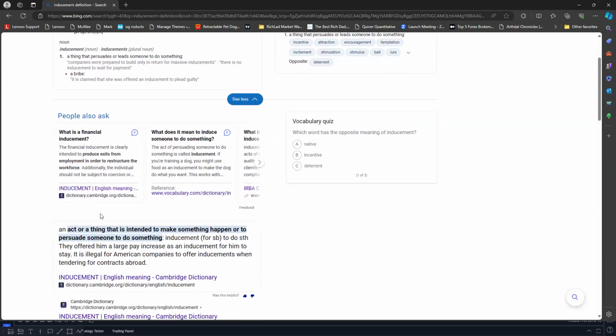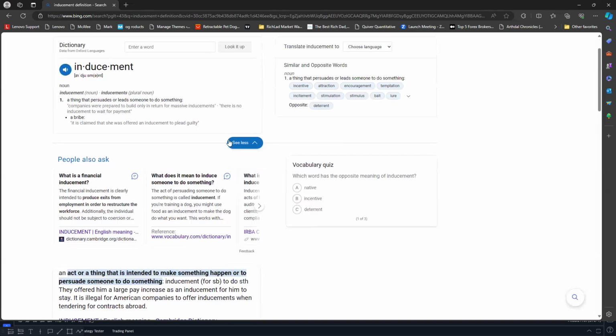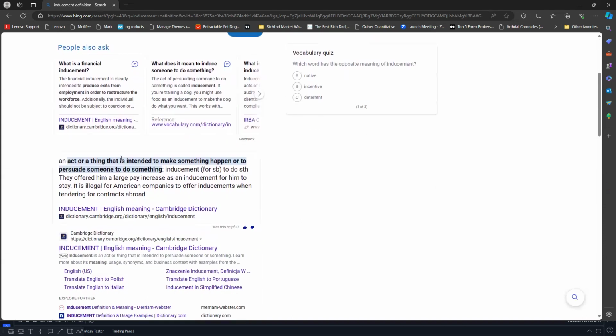A financial inducement is clearly intended to restructure the workforce. And here's another one: an act or a thing that is intended to make something happen or persuade someone to do something.